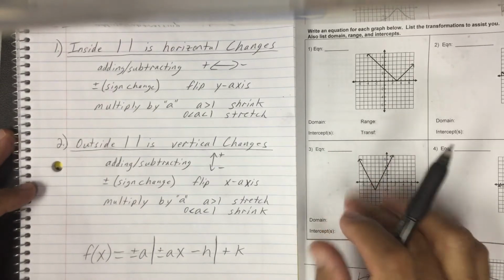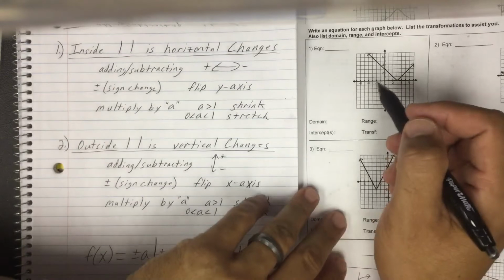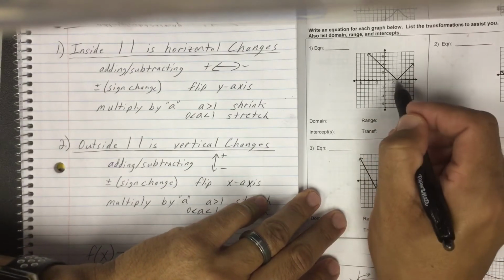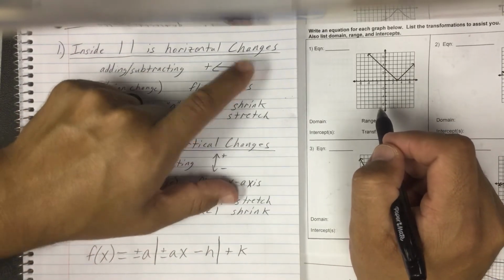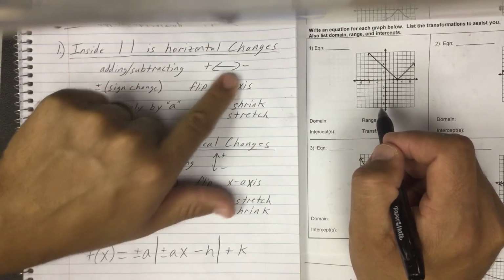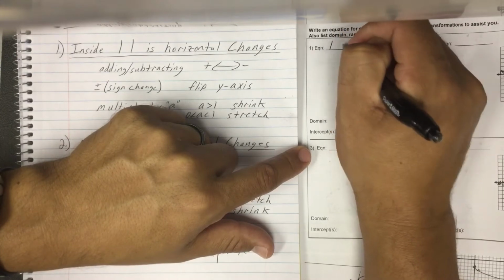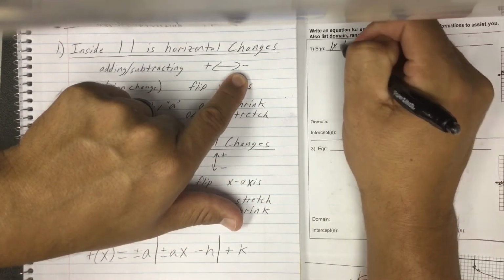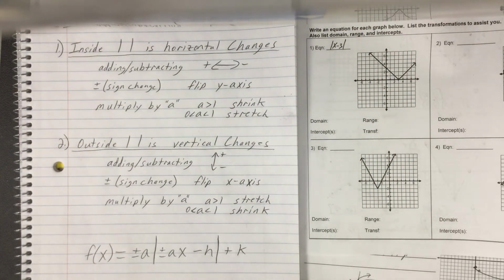Okay, so now I got that right there, and I'm using my notes. All it did is the regular V shape, it's pointing up. All it did is move to the right 3. So if it moved to the right 3, I know I'm gonna subtract on the inside. So this is absolute value of X, but I'm gonna subtract the 3 that it moved over, minus 3. That's it. If it just moves, that's fine.